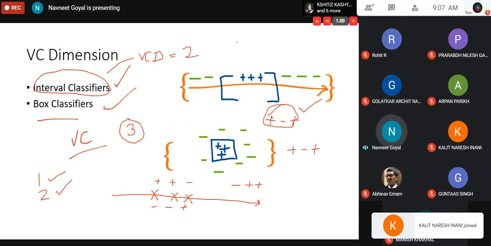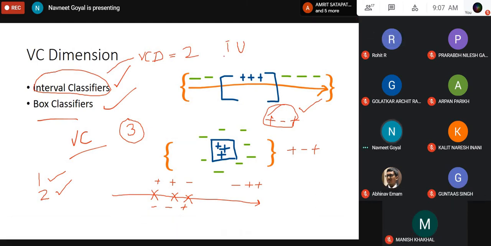Suppose I say that I have a union of two intervals, say I call them I1 and I2. If I allow you to have two intervals instead of one, then possibly I'll be able to shatter 3 points.